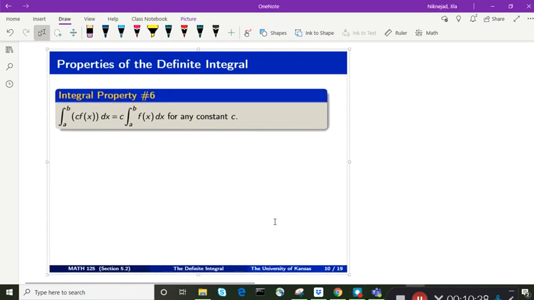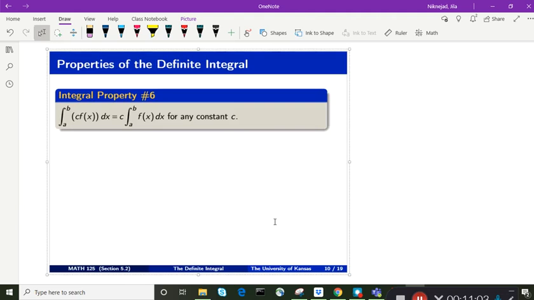Property number 6. A constant multiplied by the function, the constant actually comes out of the integral, basically. If you have c times a function, the constant comes out of the integral and becomes c times the integral from A to B of f of x dx.